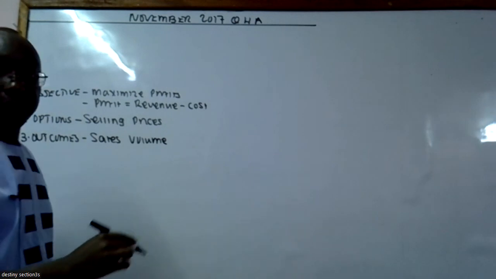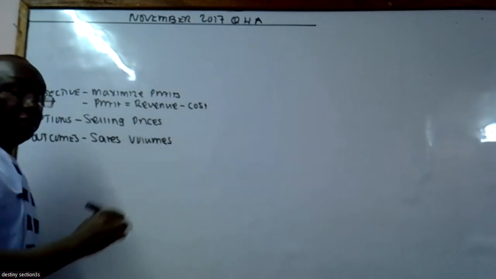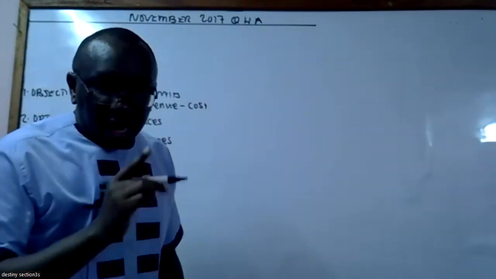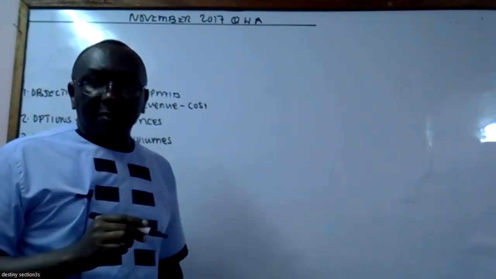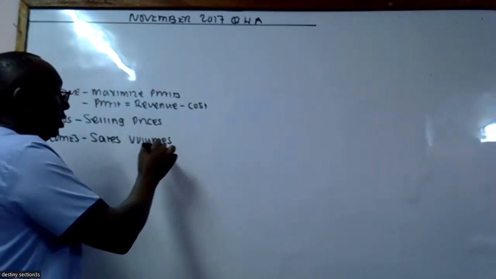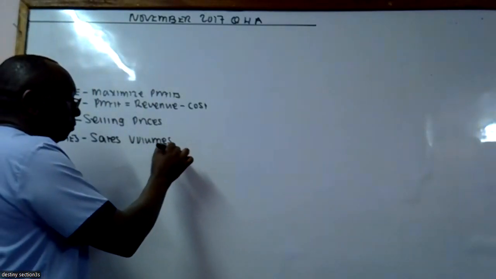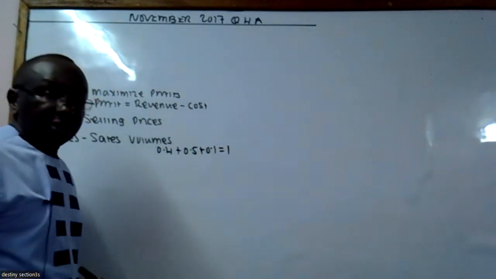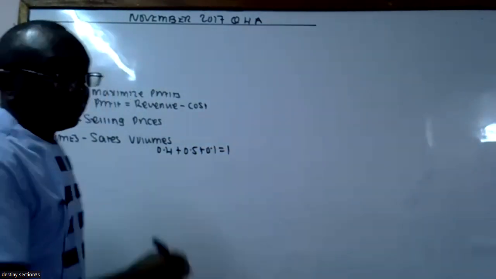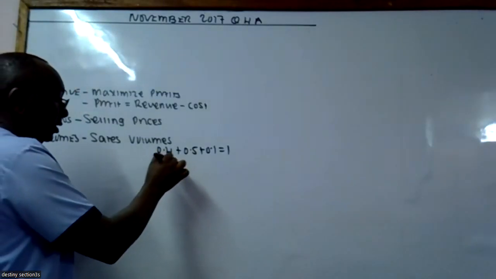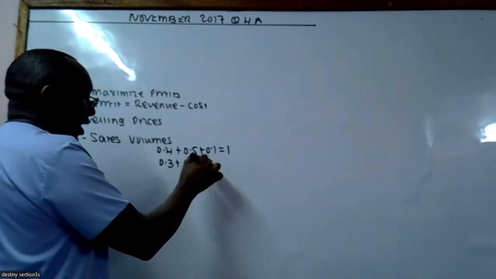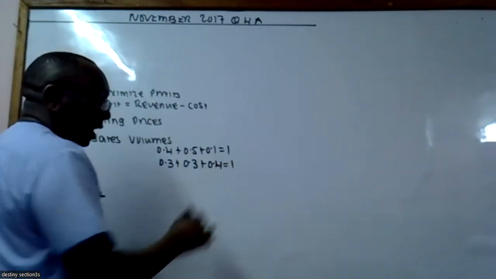And although they are called sales volume, both of them are different because you can see the probabilities are different. You see, we have the probability of 0.4 plus 0.5 plus 0.1. That gives us a 1 in the first selling price. Then we have another one of 0.3, 0.3 and 0.4. That is also a 1.